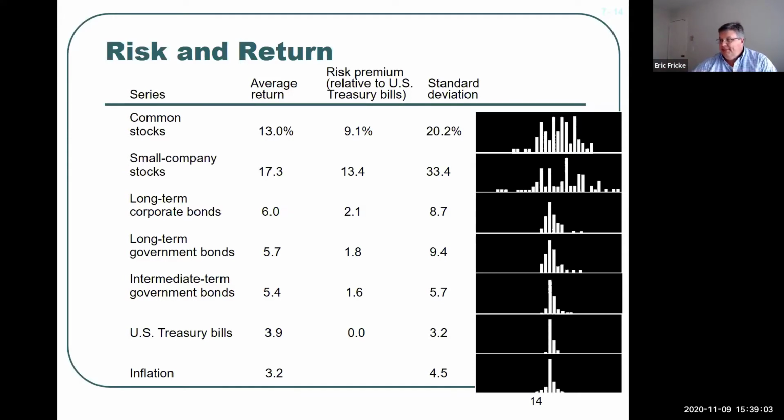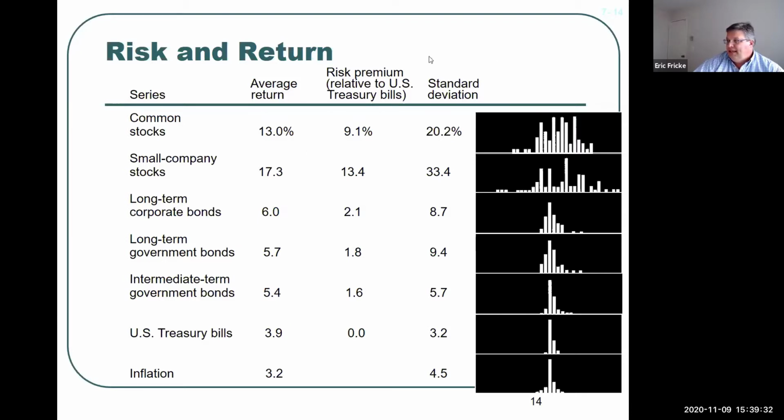There may be some rounding issues, but if you take this US Treasury bill average return, 3.9, and add it to all these risk premiums, you should get the total average return. It's pretty close. There's a little rounding someplace here in intermediate bonds.